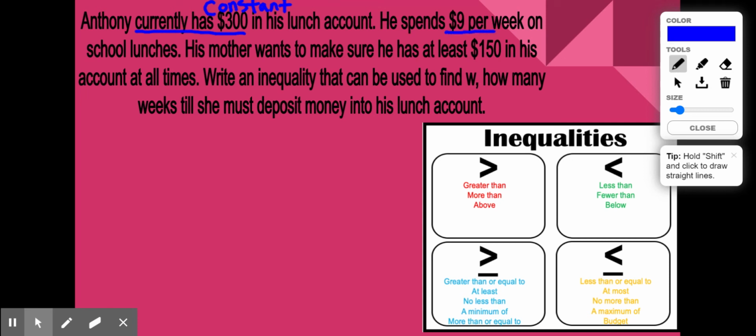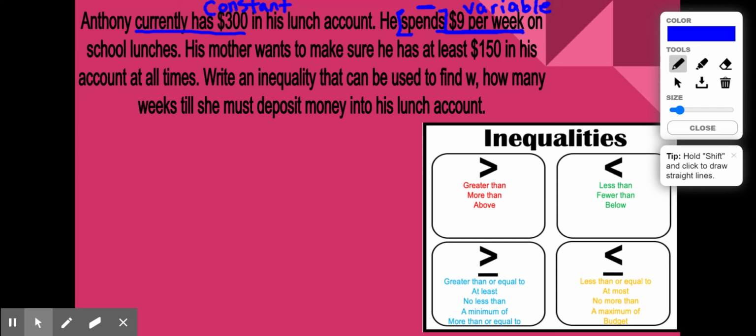Per week tells us our 9 is our variable term. So that's the number that needs to go with our X. And also take note, it says that he spends $9. So we're subtracting $9 per week.